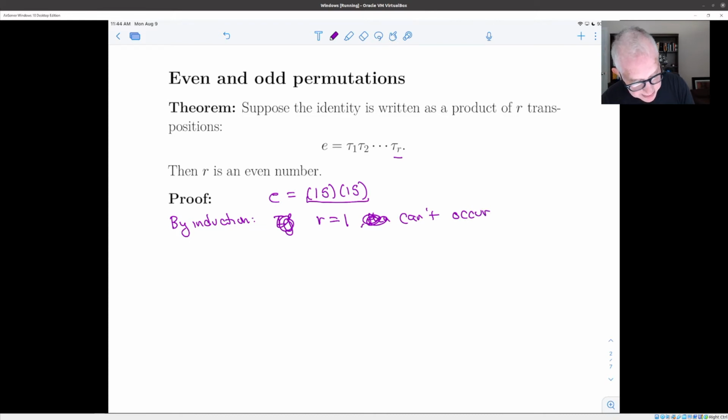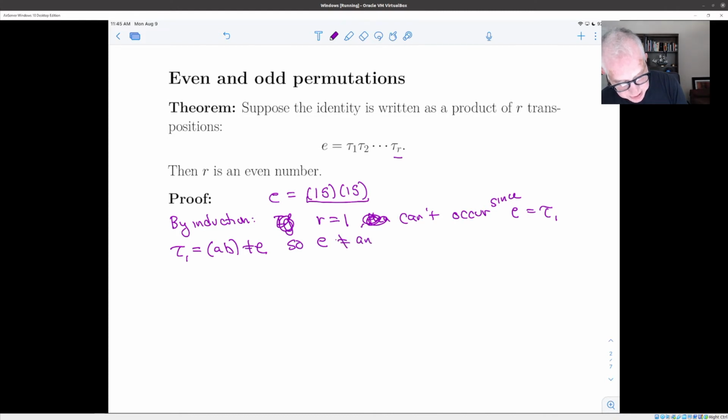Because that would mean that E was just equal to tau 1. But if tau 1 is a transposition, it's not equal to the identity. So the identity is not equal to any transposition. So if you have an expression of E as a product of transpositions, it's got to have more than one transposition in it.